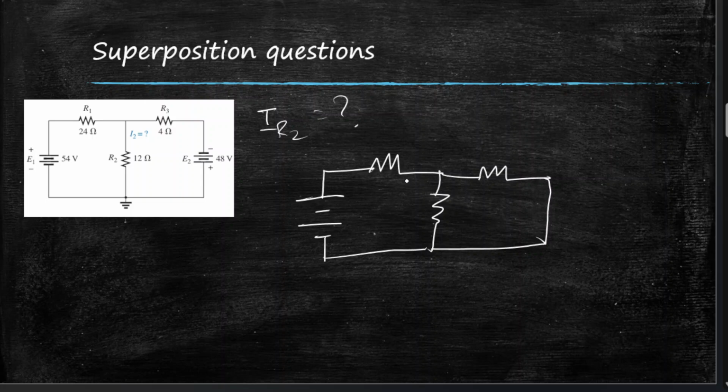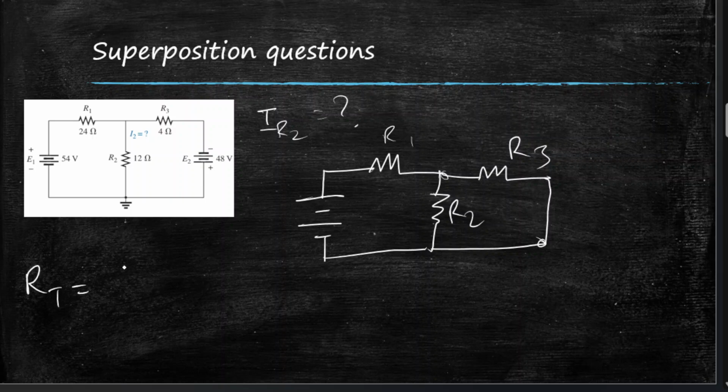Now we can see that R2 and R3 are parallel to each other with two common points, but R1 is in series with the rest of them. So let's find the total equivalent resistance.